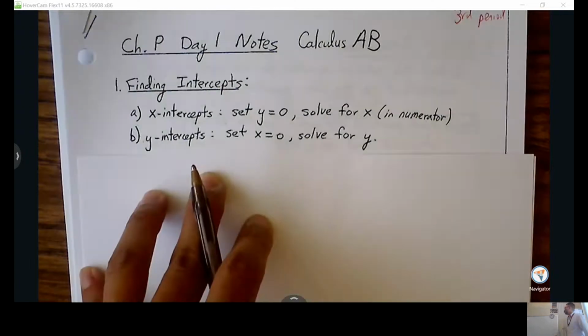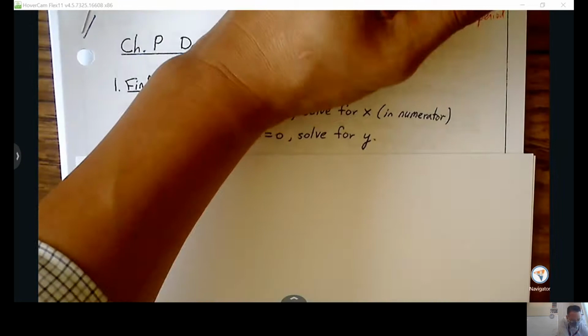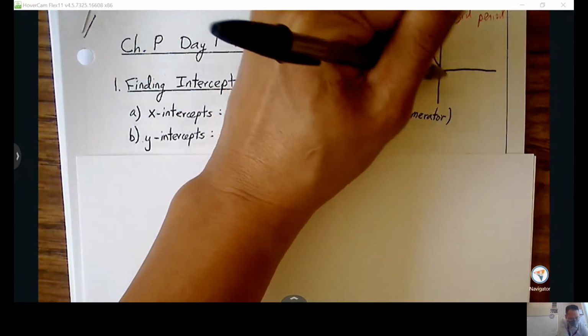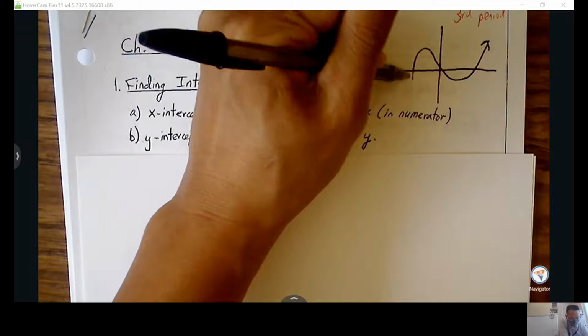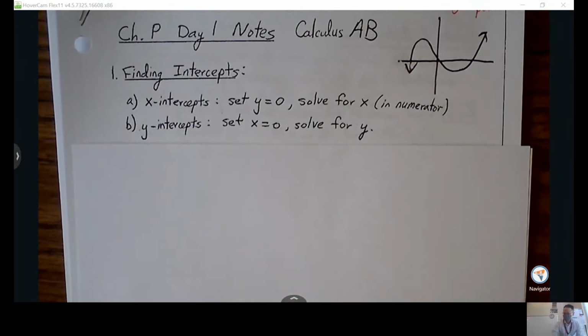Okay, so X-intercepts, we can set Y equal to 0 and solve for X. For Y-intercepts, we can set X equal to 0 and solve for Y. So for instance, if I had a graph that looked like this here, I want to find the X-intercepts.